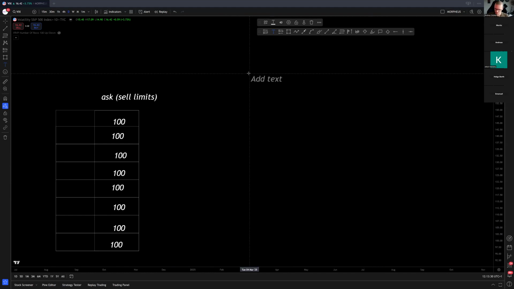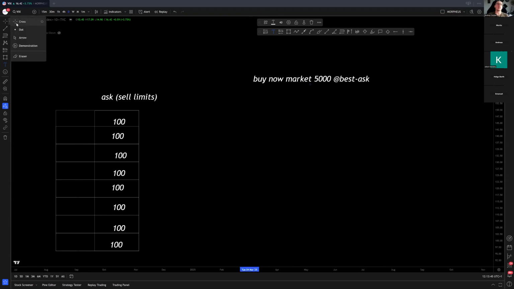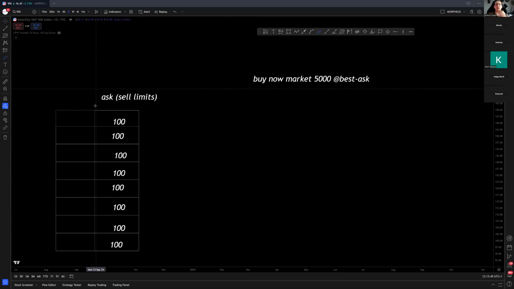So: buy now, market, 5,000. If you buy at market, you're going to buy at the best price, and the best price is the best ask, because these are the sellers in the book, and the sellers in the book will act as your counterpart. These are the so-called market maker orders.